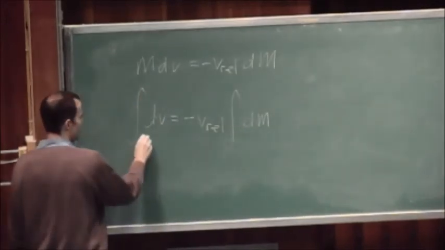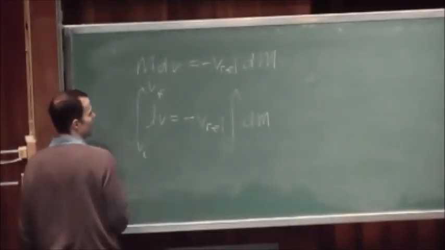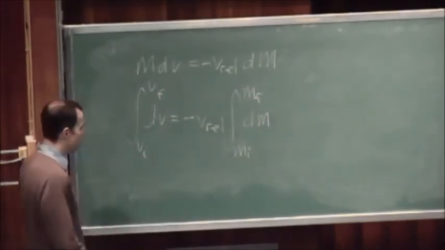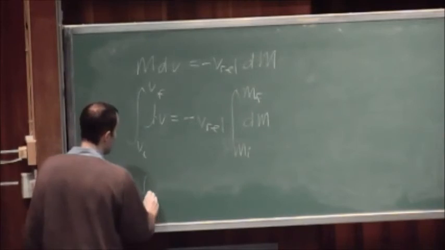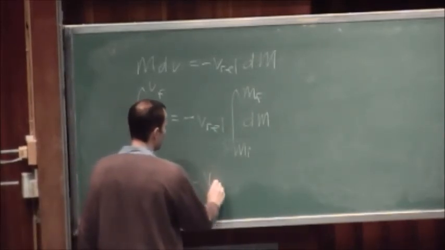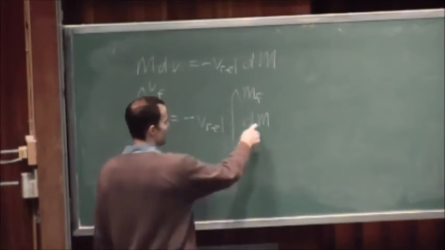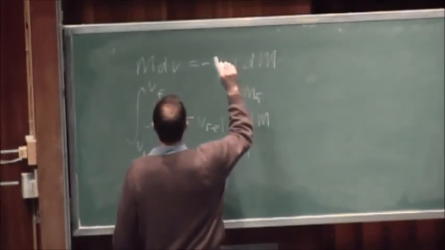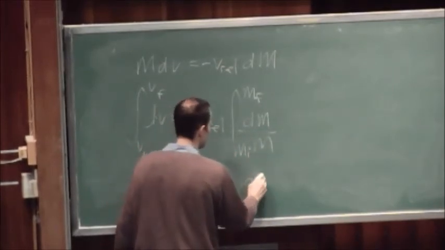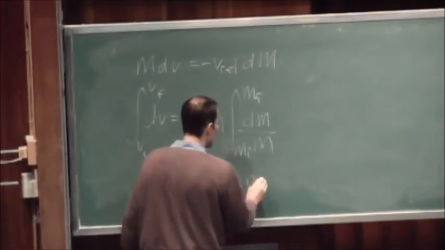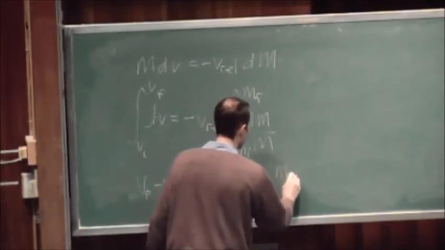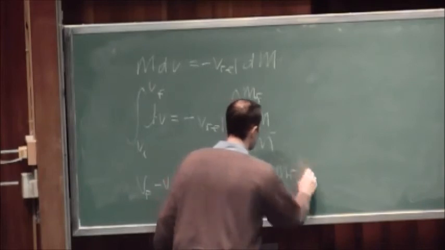If I integrate both sides, I go from my initial velocity to my final velocity, and from my initial mass to my final mass. This means that the velocity final minus velocity initial is just going to be equal to minus v relative, oh, sorry, I forgot to divide by m here, times the natural log of m final over m initial.